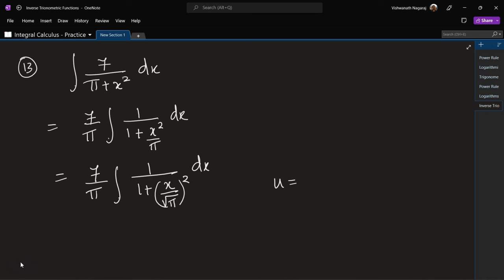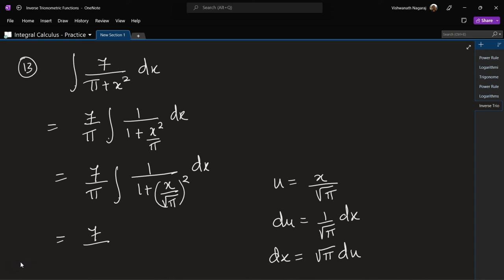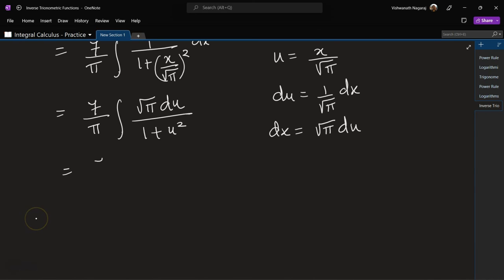So now we can write u is equal to x by square root of pi. So du is equal to 1 by square root of pi dx, which gives us dx is equal to square root of pi du. So now let's do the substitution. 7 by pi integral of dx is square root of pi du by 1 plus u square. Okay. Now square root of pi, we can take it out.